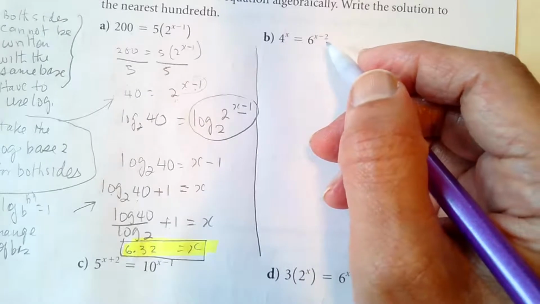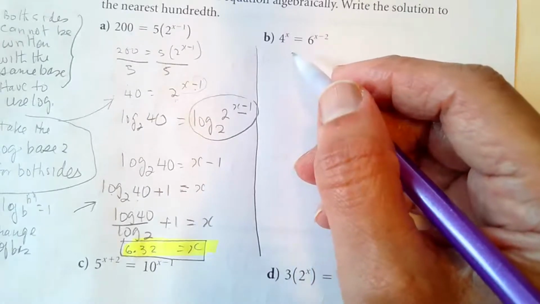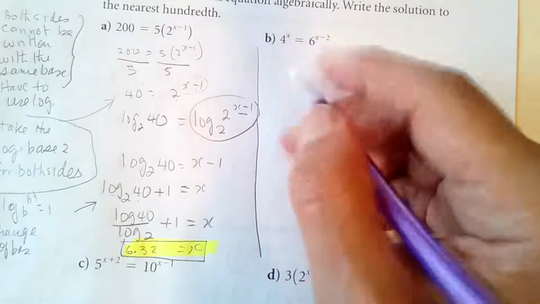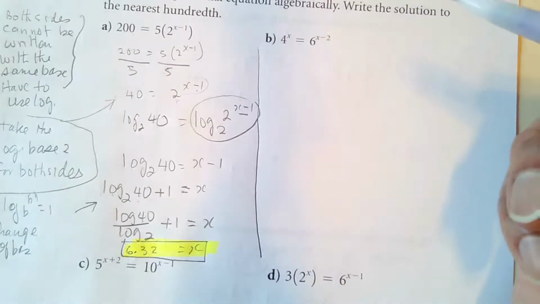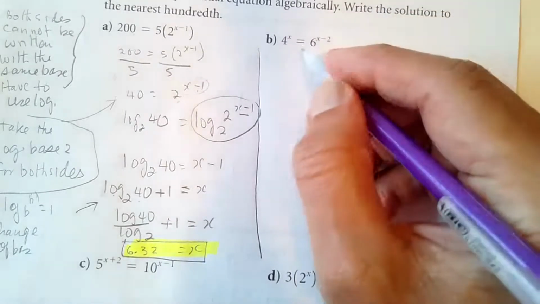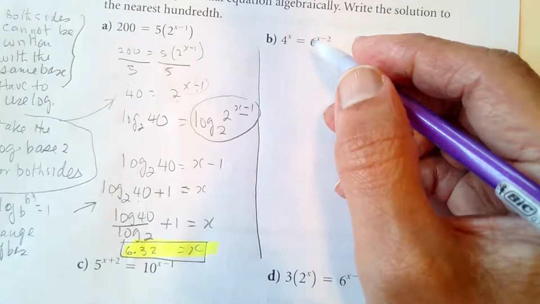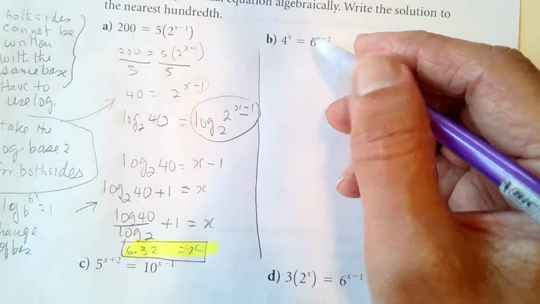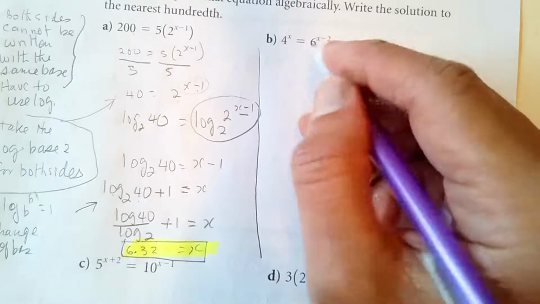This is very similar to the one we just finished. Notice we cannot write this at both sides as the same base, so we have to use log. So we end up writing, first, write this as log.